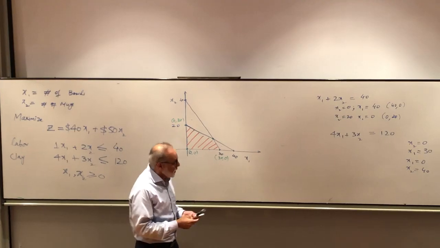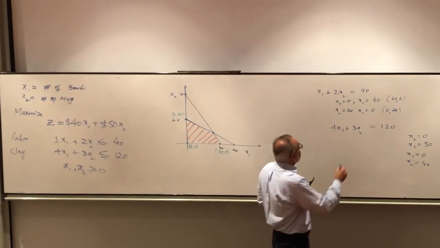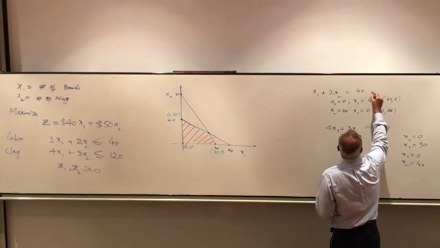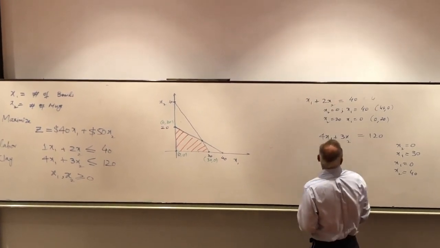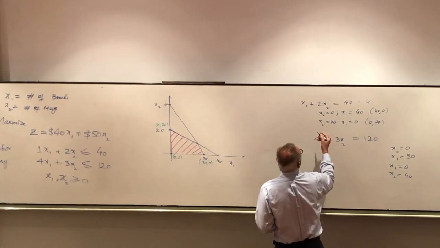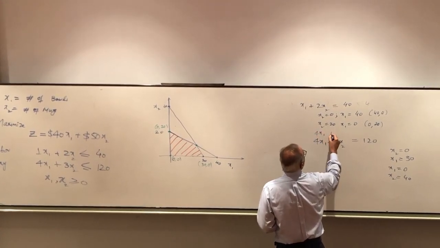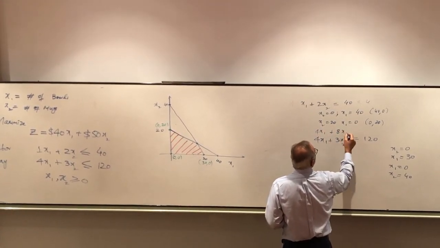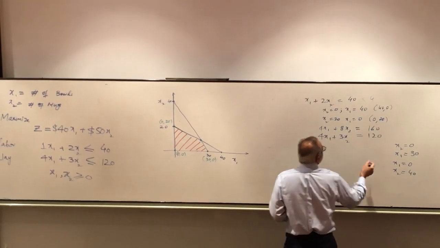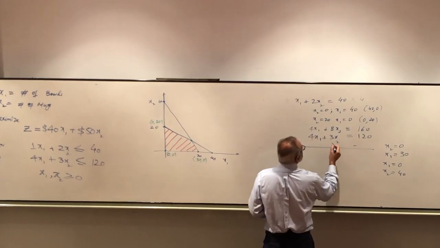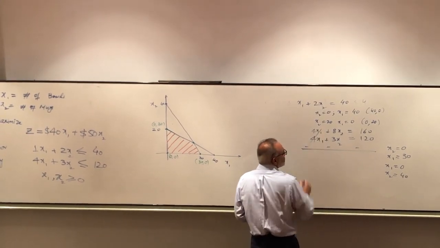So what we can do is multiply this equation with 4. This will become 4x1 plus 8x2 equals 160. Then subtract, this goes.